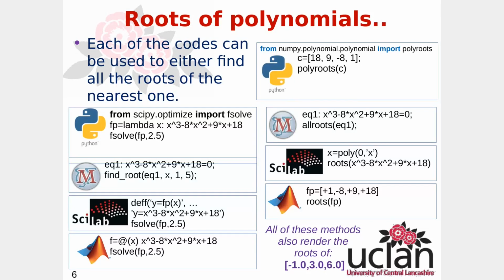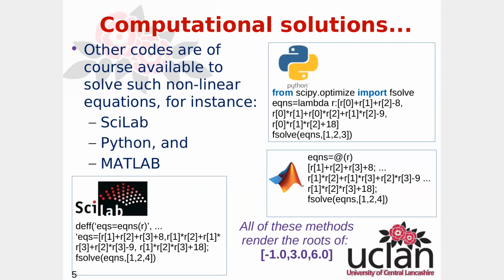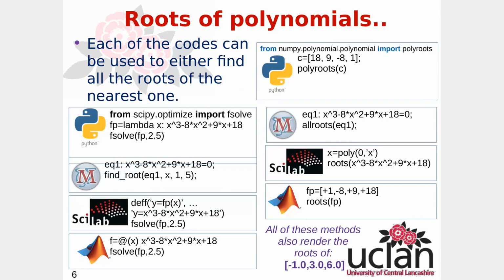So in Python this is from numpy.polynomial.polynomial, that's just where it's located within the numpy library, we import polyroots, and then we simply provide the zeroth, the constant, then the x, and then -8 for the square, so it's in the order as we would write down the polynomial from the x to the 0 up until x to the n in this particular case. Polyroots will find all the necessary roots of that particular equation.